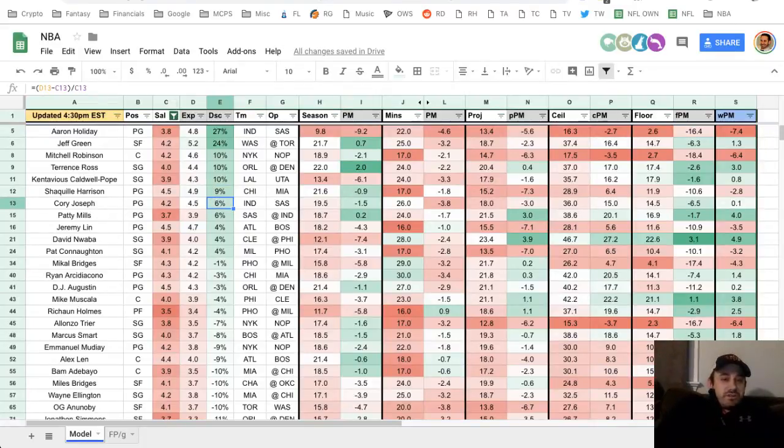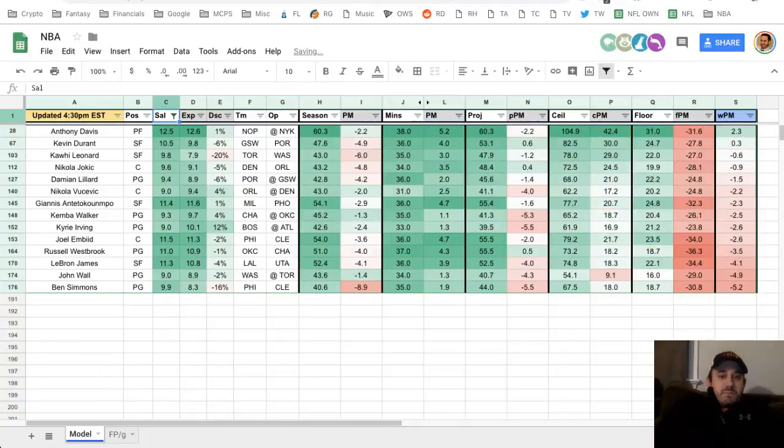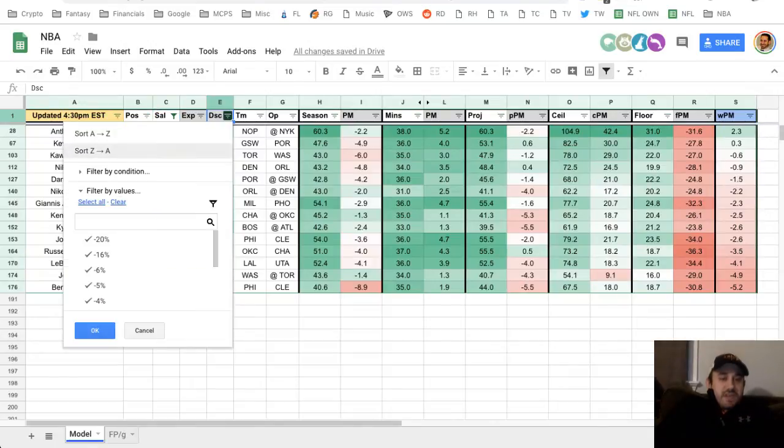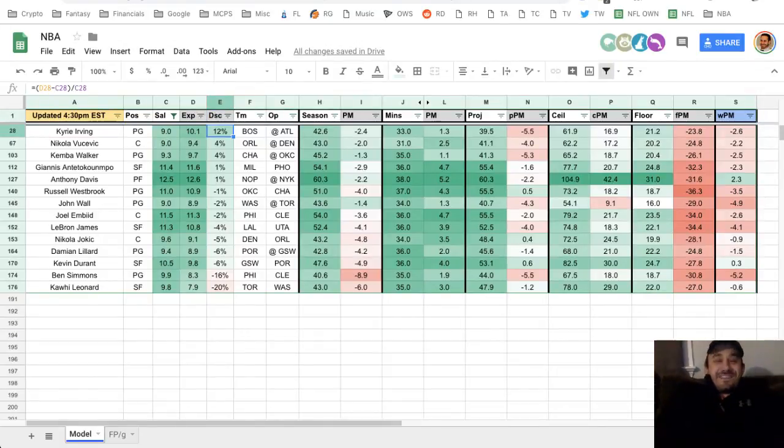The other thing you can do here is look at the more expensive guys. So maybe we'll just go 9K and up, and we'll sort by the discount. So Kyrie, big discount. If I did the last week, what has he had over the last week? Like 55, 59, something, 70, whatever.